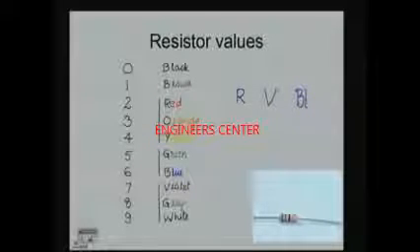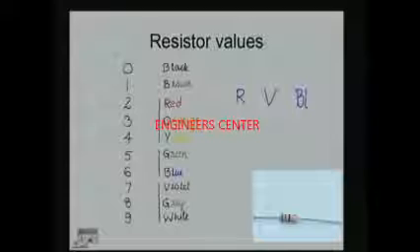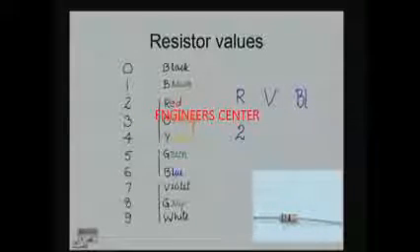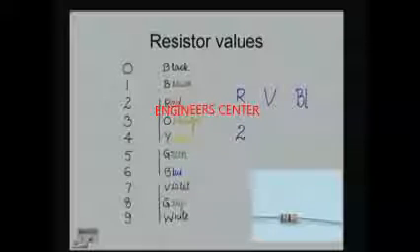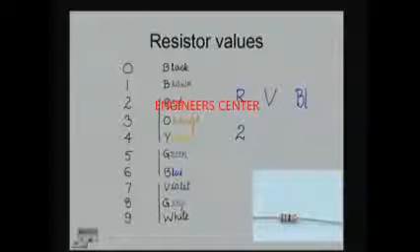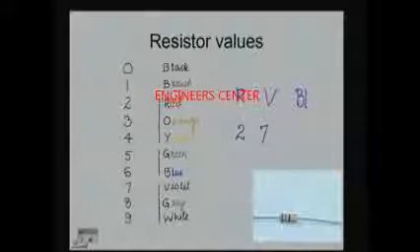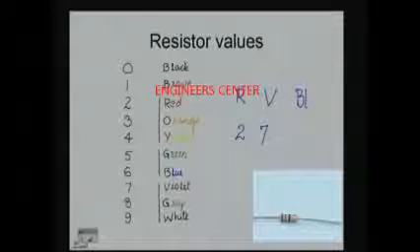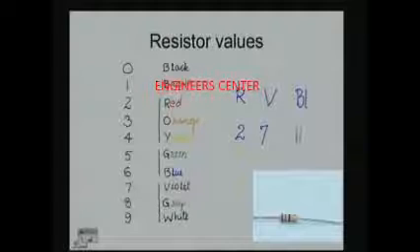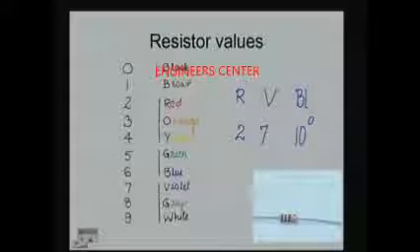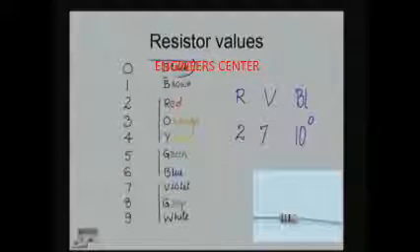So, the first band red we put 2, the second band also gives you the next significant digit which is violet, which is number 7 here, and the third band which is black is the multiplier which is 10 to the power of the numeric value of black, which is 0, because numeric value of black here is 0.